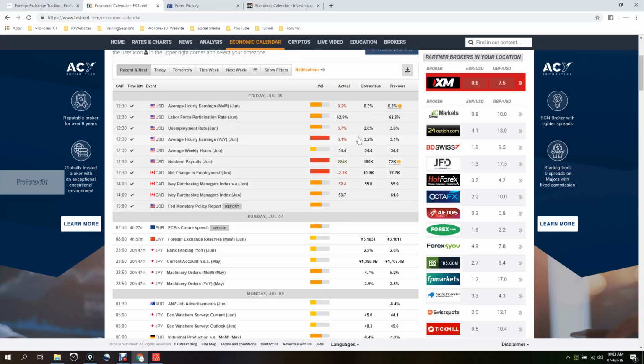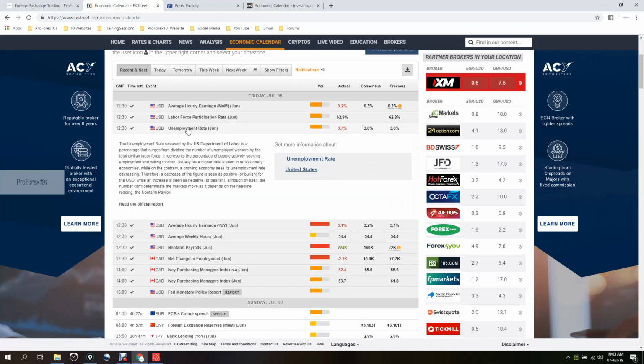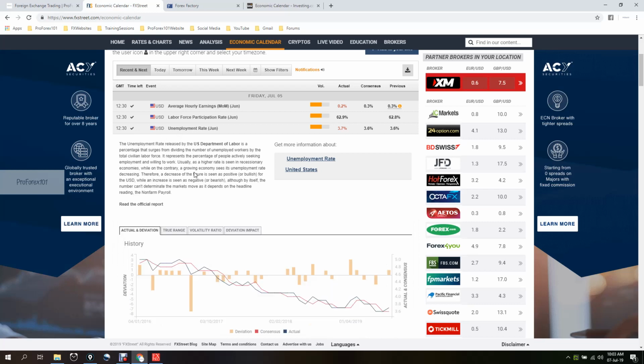And also, when the data comes out, it'll have a color code. So when it's red, that means it's bad for the economy, because compared to the previous value, it's higher. To figure this out, you need to read what the economic indicator is and what this data means. If you click on it, it'll give you a short description below here.